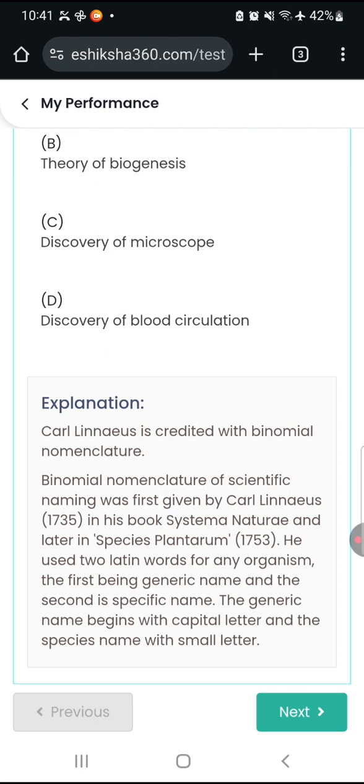He used two Latin words for any organism, the first being the generic name and the second the specific name. The generic name begins with a capital letter and the species name with a small letter.